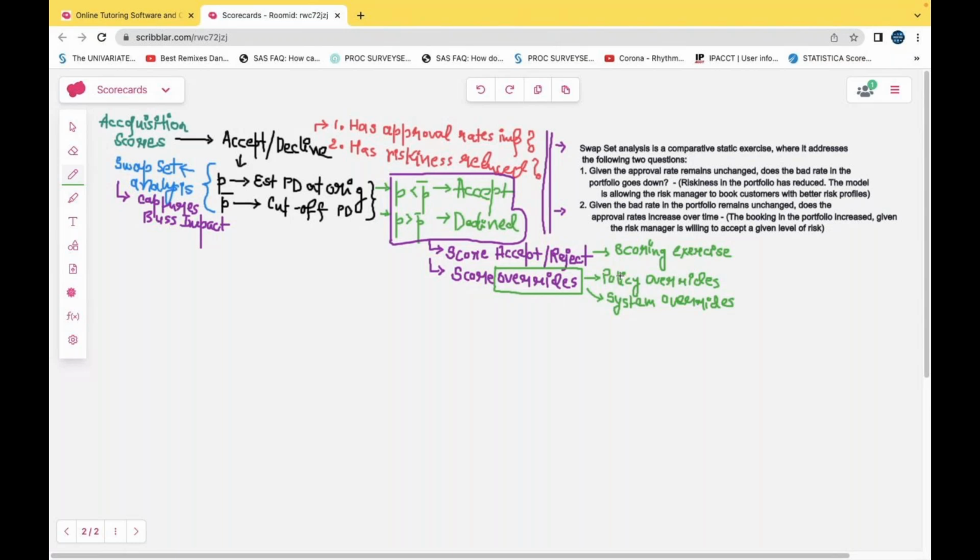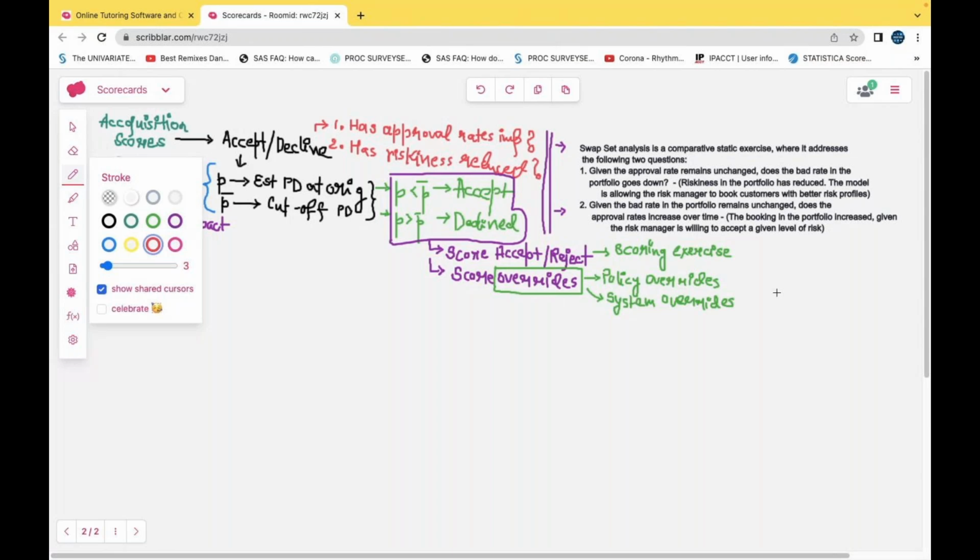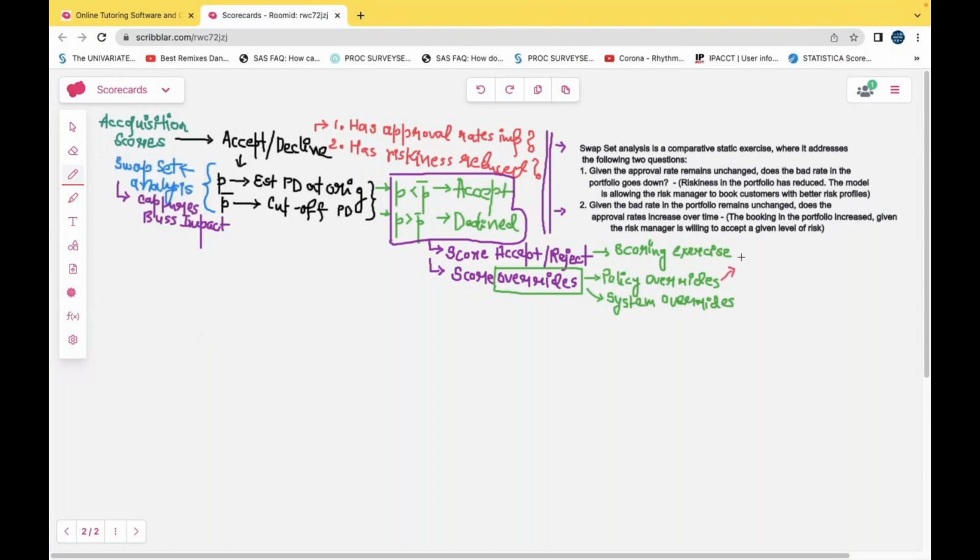What the overrides tell us is that it is very important to compute the percentage of these overrides, or override percentages.